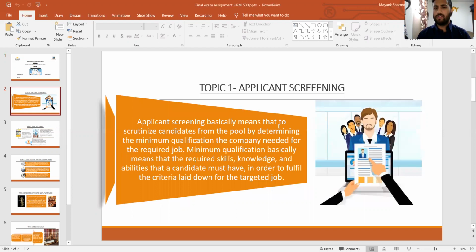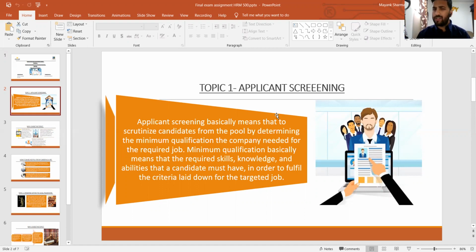Okay, so the first topic I've chosen is applicant screening. Applicant screening basically means, when the recruitment process is made to hire an employee for a job role, after getting all the resumes and cover letters, we make a pool of candidates, the best candidates we have. From that pool, we choose the best candidate who fits the role, who has the minimum qualification for that job.